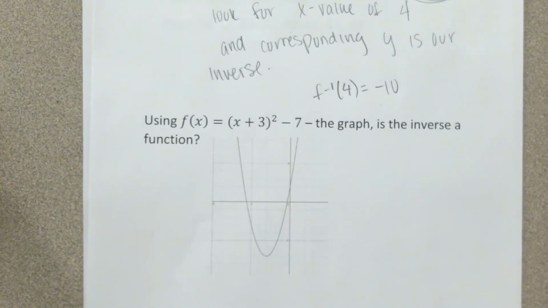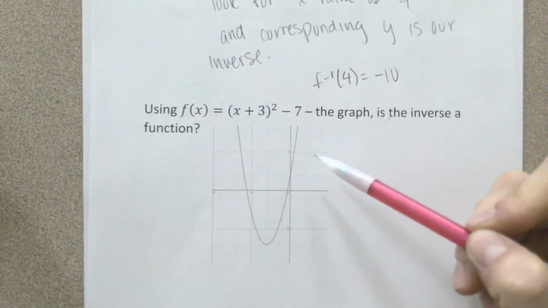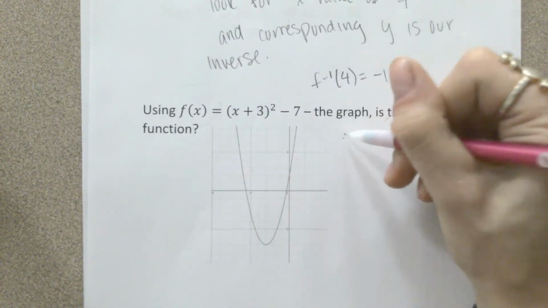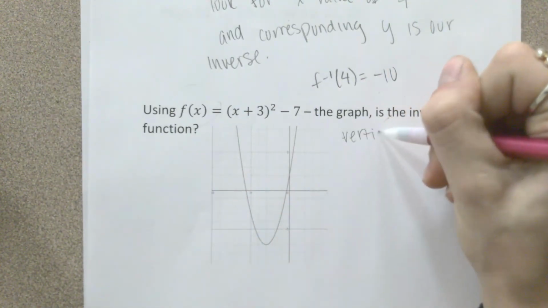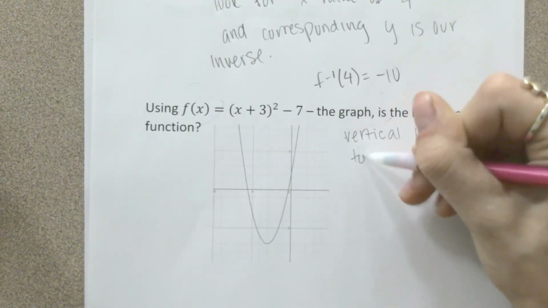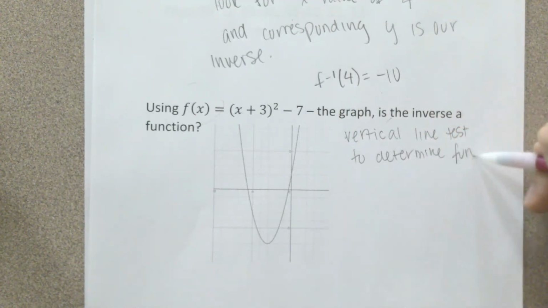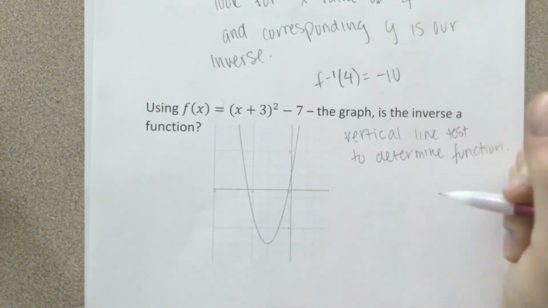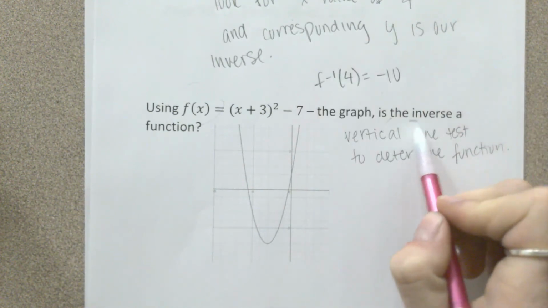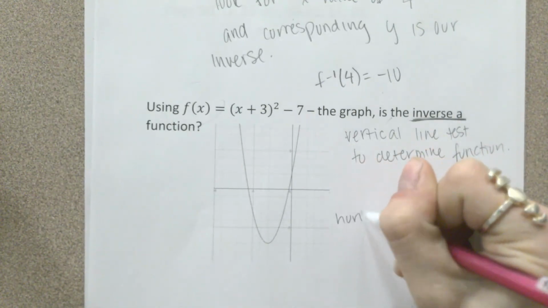Using a graph to determine if it is the inverse of a function. So say this is just a normal function, right? We use our vertical line test to determine if it is a function. Here, if we want to determine if the inverse is a function, we use the horizontal line test.